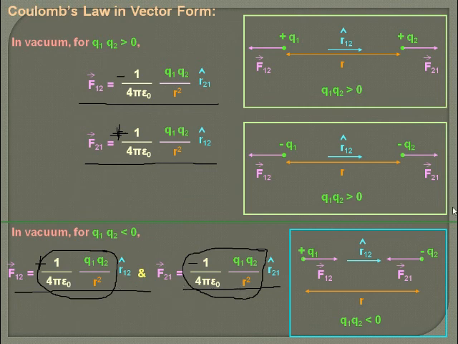So we can say that F12 is equal to minus F21 in all the cases. Whenever you talk about the electrostatic force between two charges, this equation will always hold: F12 will always be equal to F21 in magnitude and opposite in direction.